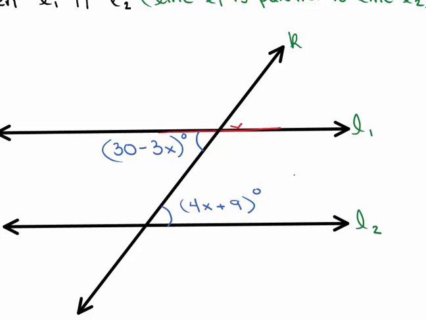Well, if I'm being asked to find x in this situation, I can find x because I know that this angle and this angle are alternate interior angles, and therefore they're equal to each other in measurement. So I can set my two algebraic expressions equal to each other, and I can solve for x. So that's what we're going to do for this problem.